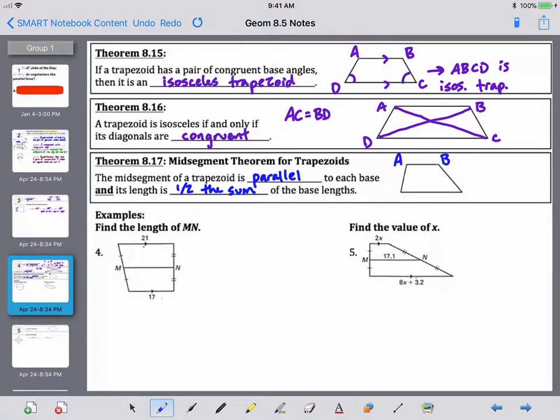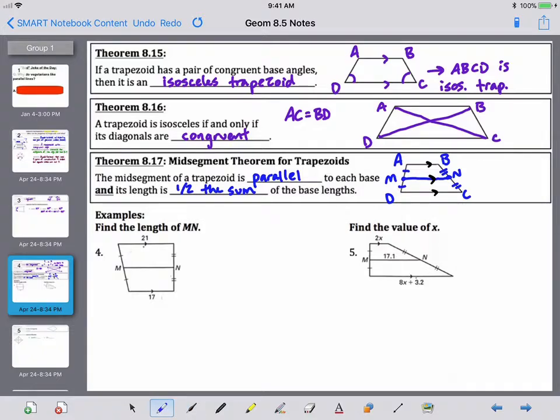So let's call this A, B, C, D again. And if we would call this midpoint here M, and this midpoint here we'll say is N, if we connect that midsegment, this base and this base are parallel, and MN is also parallel to those bases.